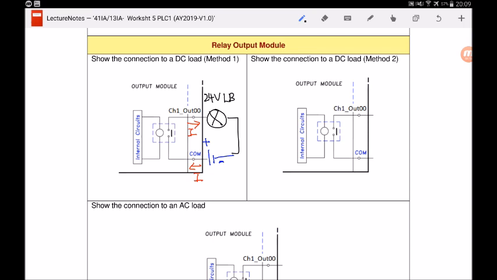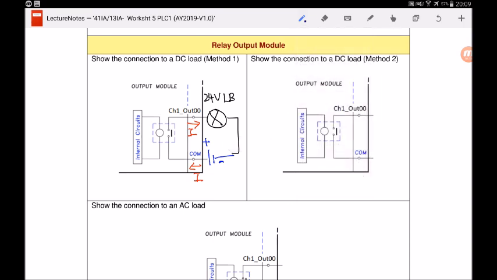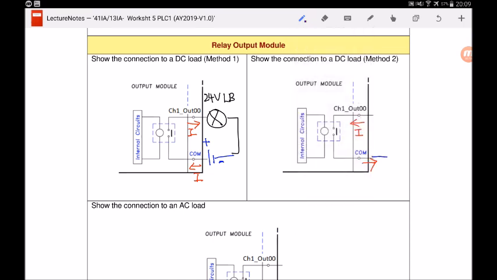And next, I will draw method 2, whereby this time round, I make sure that the current is flowing out of the COM, and the current to the terminal is flowing into the terminal. So I know that it must be going into the negative of the power supply.